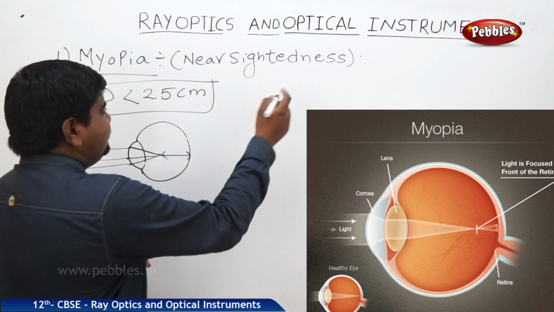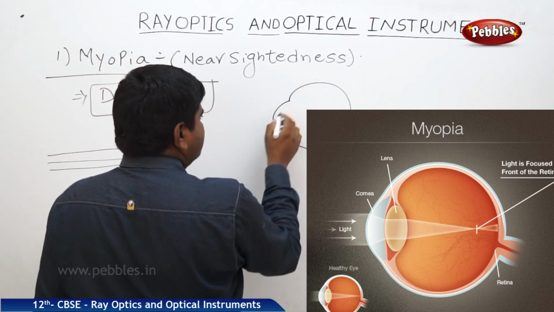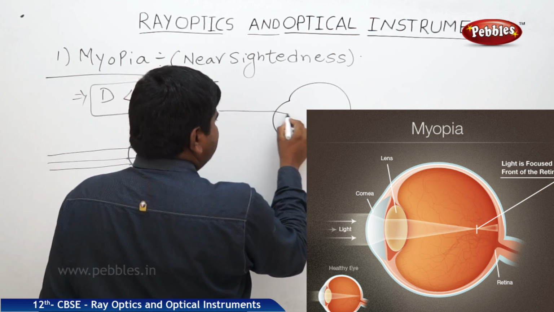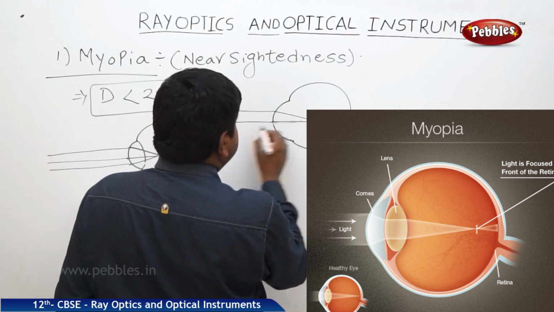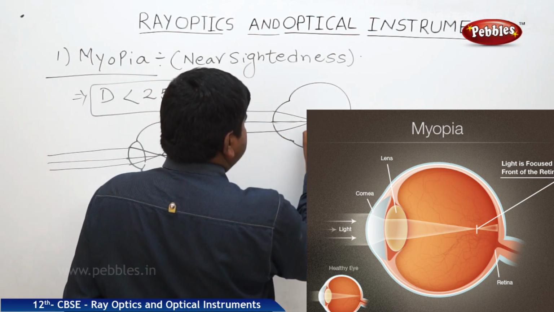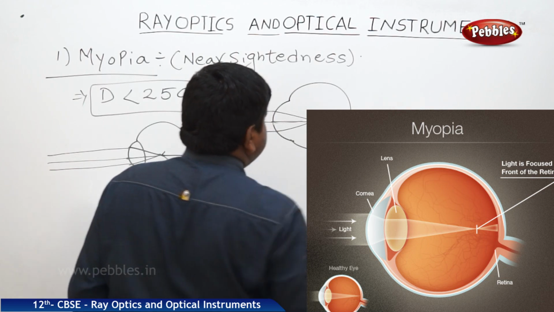So the diagrams will be like this. The light rays are converging in advance, in front of the retina. So what should we do?